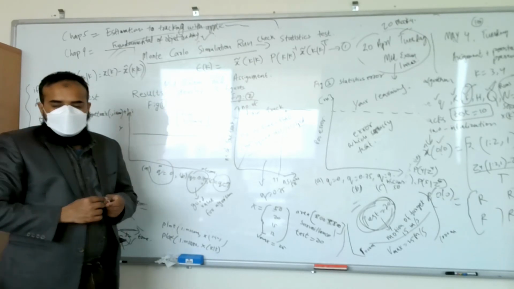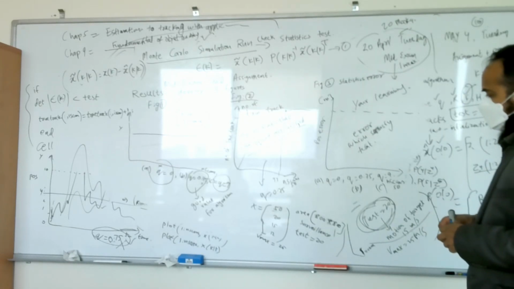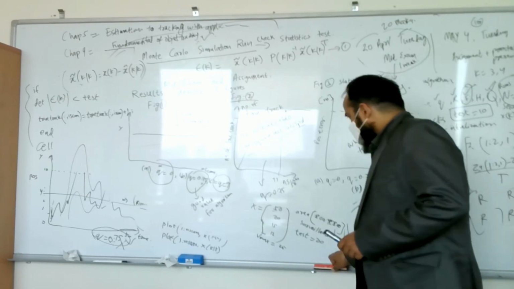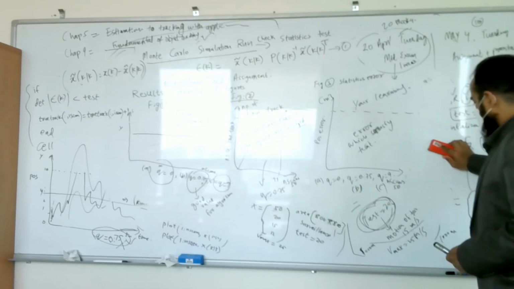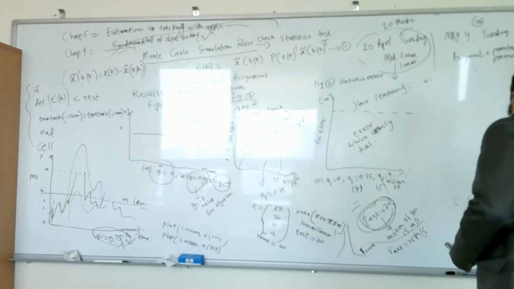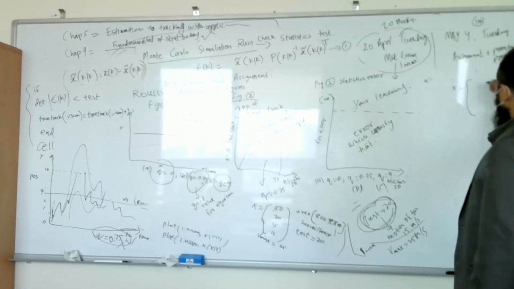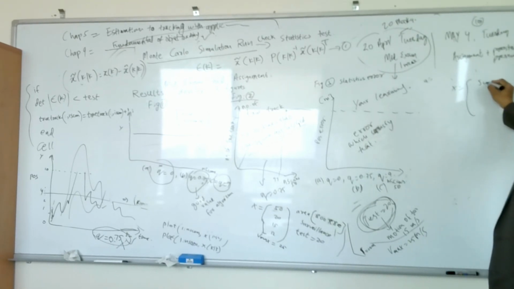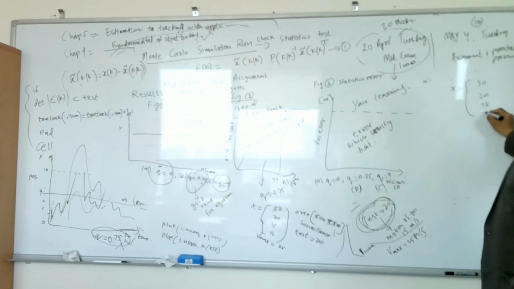But if the position is 50, 20, and the velocity is very small, like 1.5 and 2.